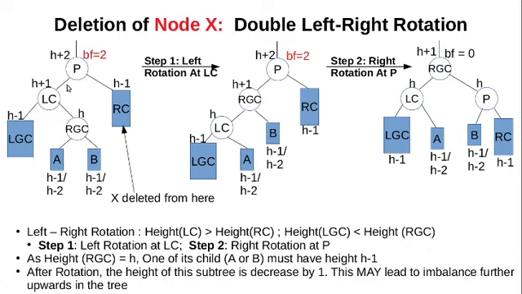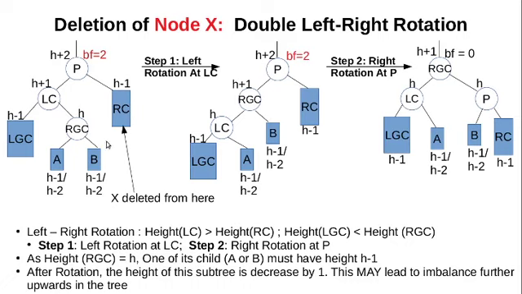Left child of P is LC and the right subtree of P is RC. Left subtree of LC is named as LGC and the right child of LC is named as RGC. LGC is the acronym for left grandchild and RGC is the acronym for right grandchild.